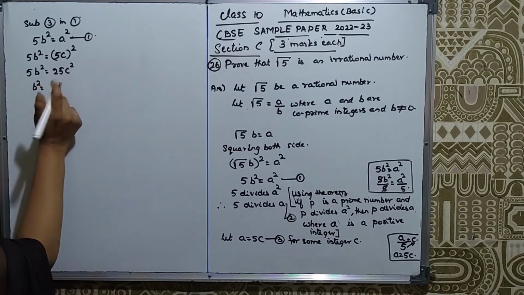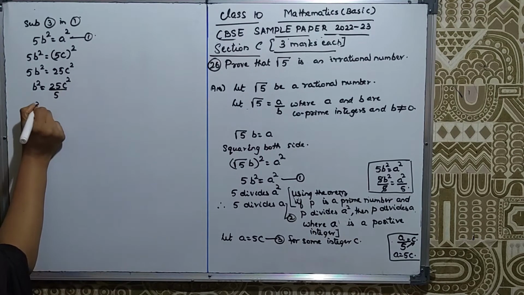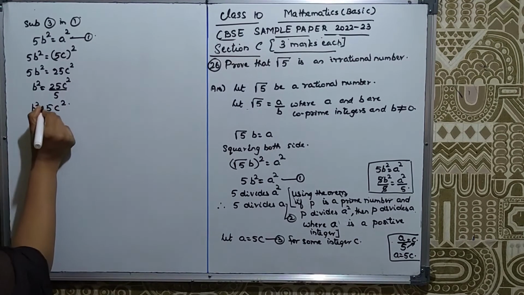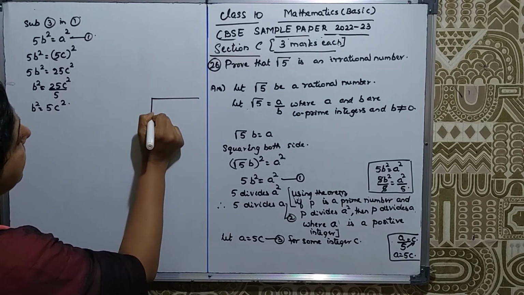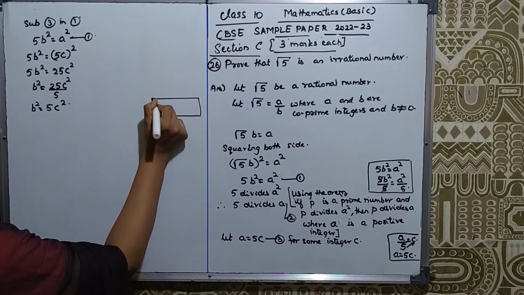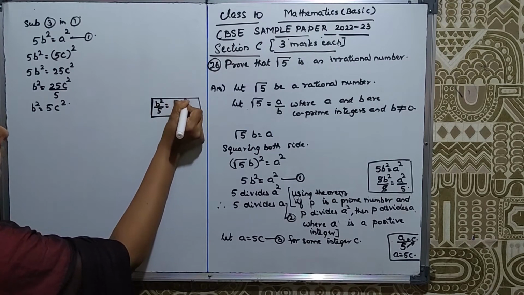25c squared by 5, so it will be b squared equal to 5c squared. Now again we are dividing both sides by 5. b squared by 5 equal to 5c squared by 5.